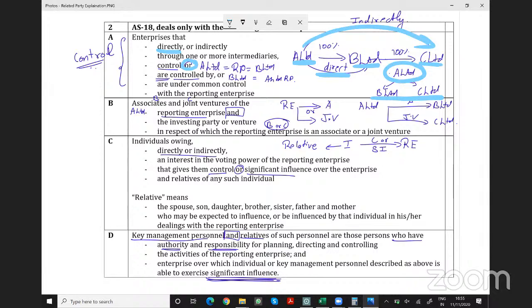So in these cases, they will be termed as related parties. The second one is relating to significant influence. The first one was control. The second one is relating to significant influence. Directly control, A controls B. B is controlled by C and means A indirectly controls C.